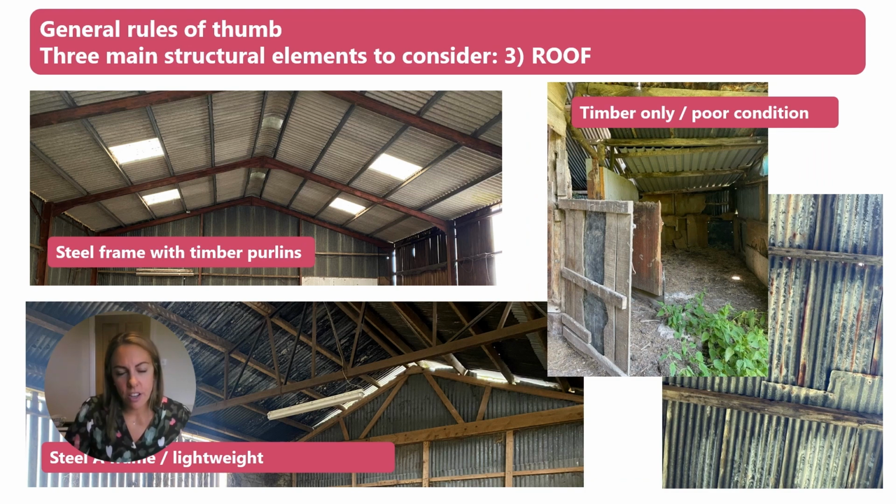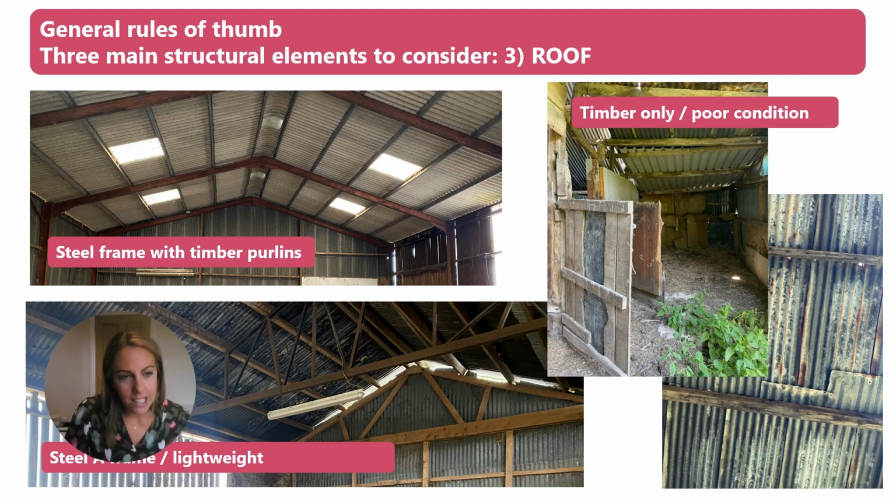So just covering off the third structural element, which is the roof. Looking at that top one, you've got a steel frame with either timber or steel purlins, which is great. That's really sound, and we can certainly show and evidence that that is suitable for conversion.